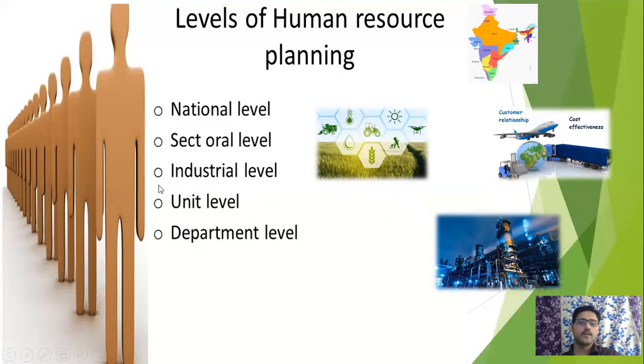Okay, now I'm coming to unit level. Unit level human resource planning means company level. For different companies, they formulate different kinds of human resource planning. That is called unit level human resource planning.